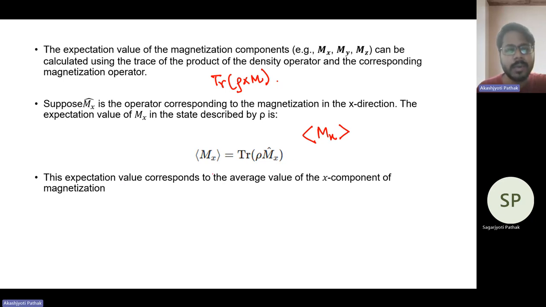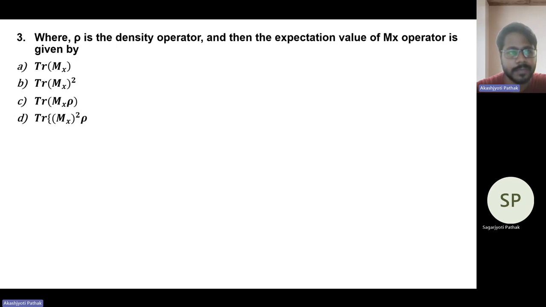So the expectation value corresponds to the average value of the x component of the magnetization.